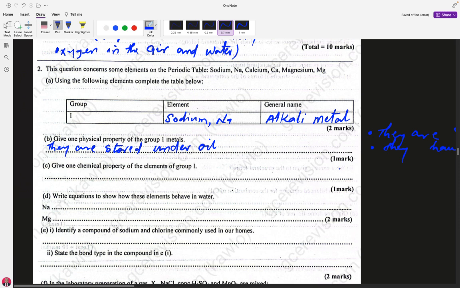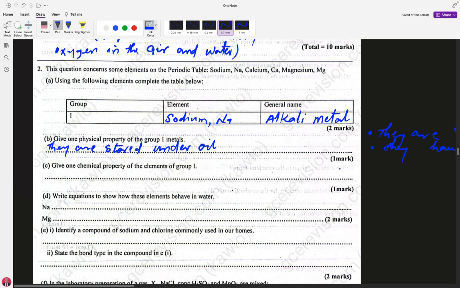Give one chemical property of the elements of group 1. The chemical property is that, as I told you the other time, they are very, very reactive. They react vigorously with water to form a hydroxide and a hydrogen gas being released.